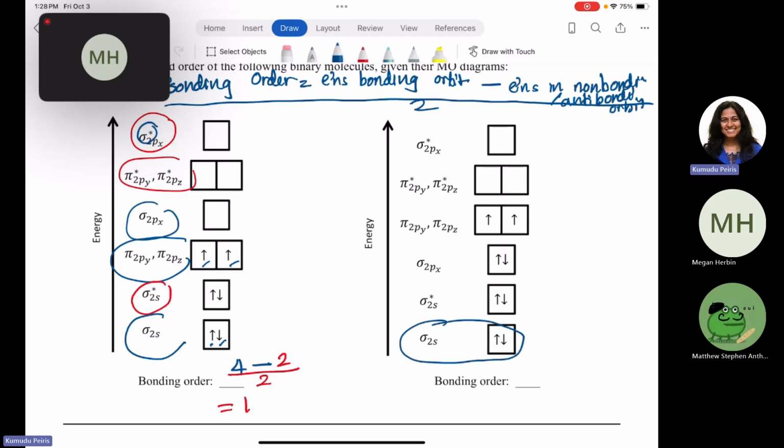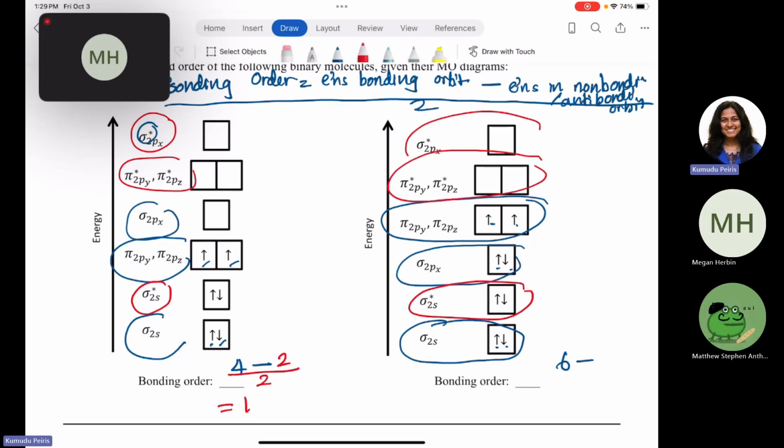This is a bonding, this is a bonding, and this is a bonding. So altogether, how many electrons are in bonding orbitals? 1, 2, 3, 4, 5, 6. 6 minus, how many electrons in anti-bonding orbitals? This is an anti-bonding orbital, and here is an anti-bonding orbital.